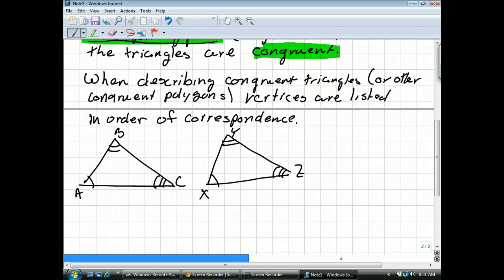By the same token, side AB is the same measure as, or length as, side XY. Side BC is the same length as YZ, and AC is the same length as XZ.